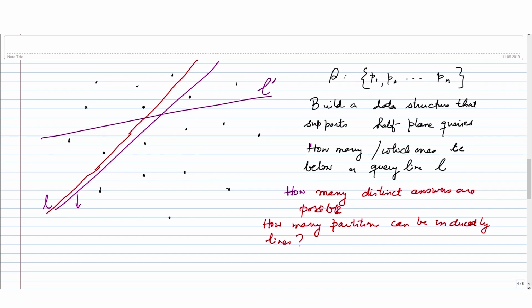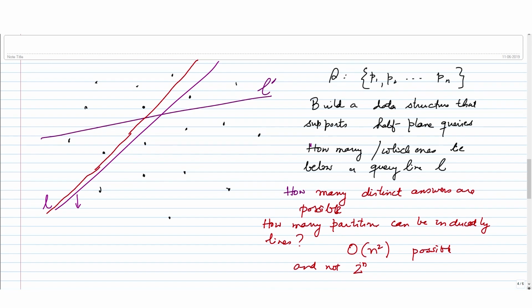But again, without going into the details of the argument, I will actually establish this, that only about order n square partitions are possible and not 2 to the power n. Okay. I'll establish that actually. Okay. So this is a little bit of a surprise, and that comes from geometry.